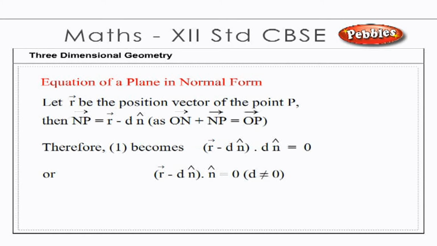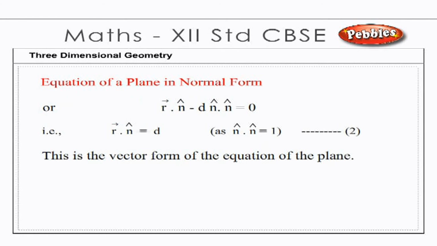Therefore, 1 becomes (r vector − d n cap) · d n cap = 0, or (r vector − d n cap) · n cap = 0, d not equal to 0, or r vector · n cap − d n cap · n cap = 0. That is, r vector · n cap = d as n cap · n cap = 1, equation 2. This is the vector form of the equation of the plane.